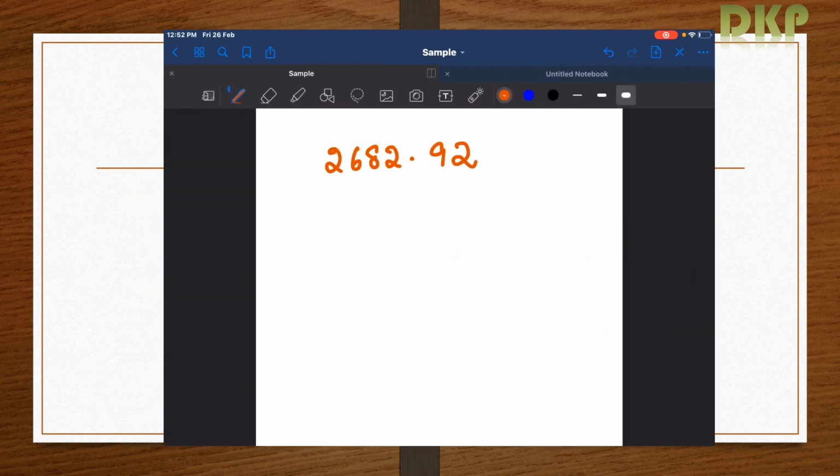As I told, the digits to the right side of the decimal point have weights which are negative powers of 10, and the digits to the left side of the decimal point have weights which are positive powers of 10. That is, the first digit to the left of the decimal point has a weight of 10 to the power 0. Anything to the power 0 is equal to 1.